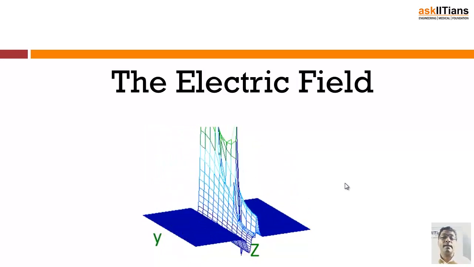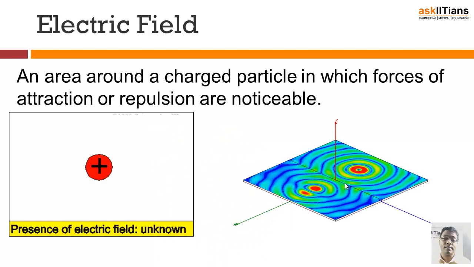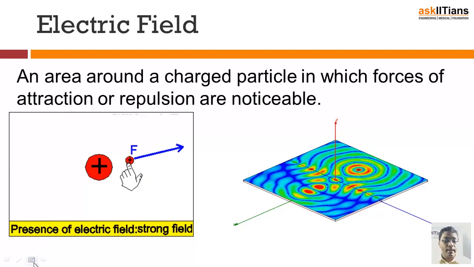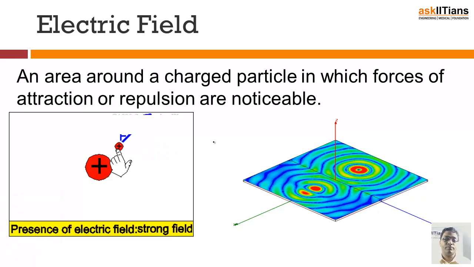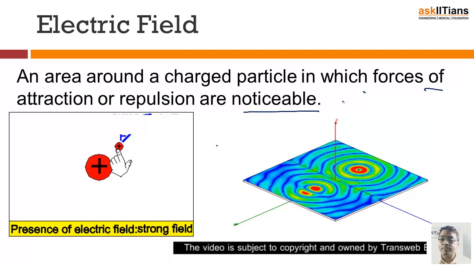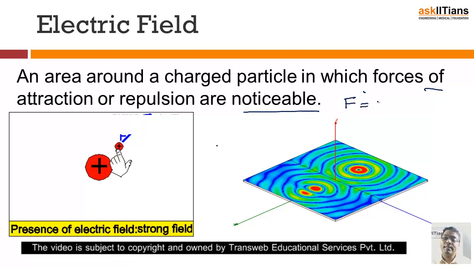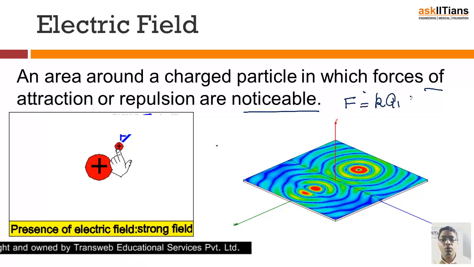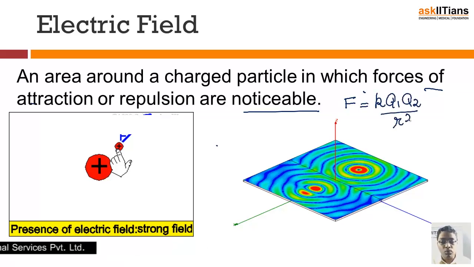So let's try and understand what exactly an electric field stands for. When we talk about an electric field, it is the area around a charged particle in which the forces of attraction or repulsion are noticeable. For instance, if you remember Coulomb's law, the force is equal to K Q1 Q2 upon R square, right?